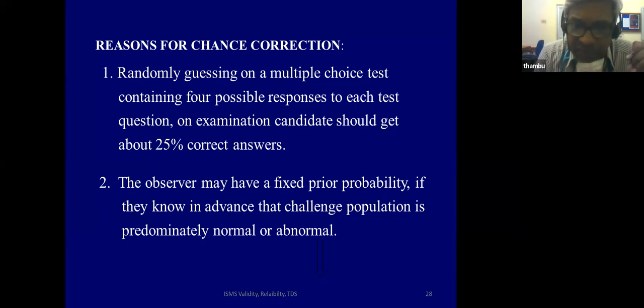The observer may also have a fixed prior probability. If they know in advance that a population is predominantly normal or abnormal, let's say he knows most of the answers are likely to be yes, then he may put yes for everything. Then he's likely to get a higher score probably by chance alone. Randomly guessing itself, he'll get 25% if there are 4 options. So these are the reasons why we must correct for chance.